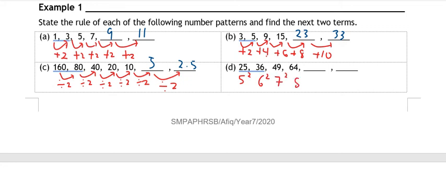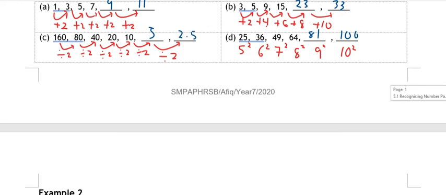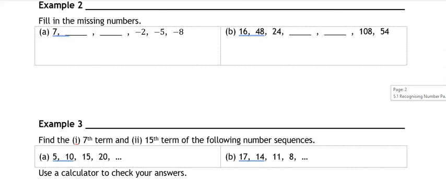And 64 is 8 squared. So obviously the next term after 64 will be 9 squared, and the last term will be 10 squared. So your answer is 81 and 100. So that's it for the first part. You can see the rules here, all right? And let's have a look at the next part.